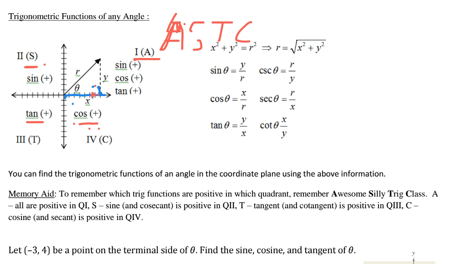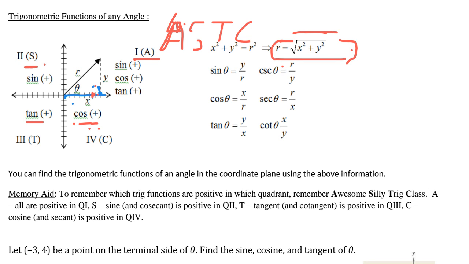So you can use Pythagorean identities if this is x going to the right and y going up. X squared plus y squared equals r squared, and r is your radius, your hypotenuse coming up through there. So with that being said, r equals the square root of x squared plus y squared. This is key. Write this down. You're going to be using it a lot.